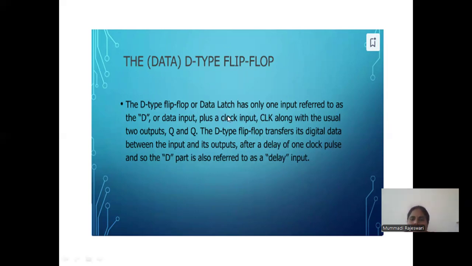Means in a D flip-flop, whatever input it has, that only is obtained at the output side. When data D is equal to 0, we get output as 0. When D is equal to 1, we get it as 1. Means in a D flip-flop, D is also referred to sometimes as a delay input.